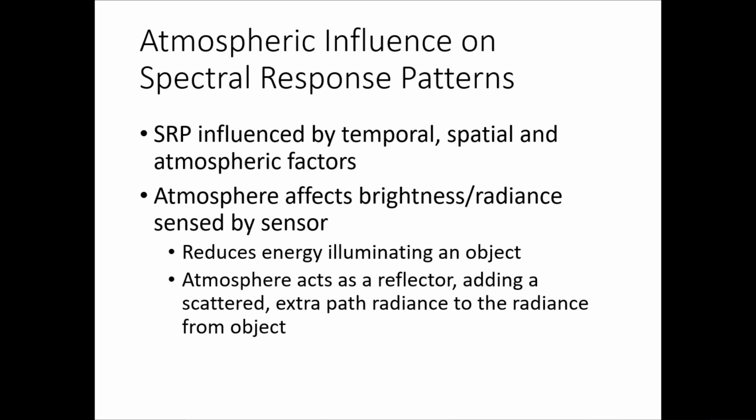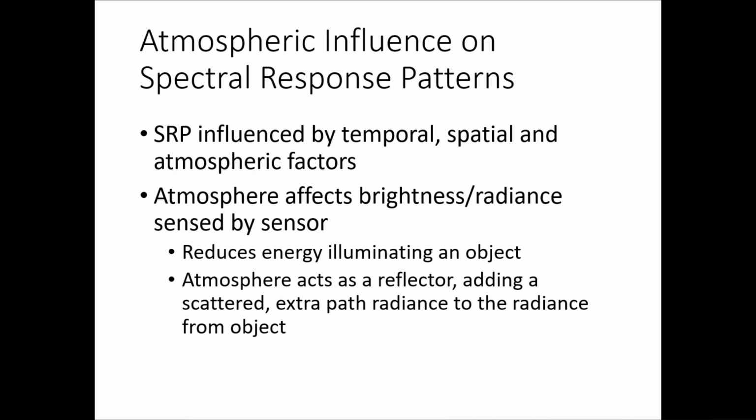What do you mean by temporal factors? Suppose you are looking at the same location in the summer when the leaves shed, and in the spring when the leaves are very green. Will the spectral reflectance pattern of a particular vegetation at a particular location be different at different time periods?